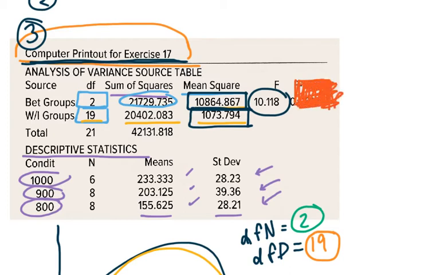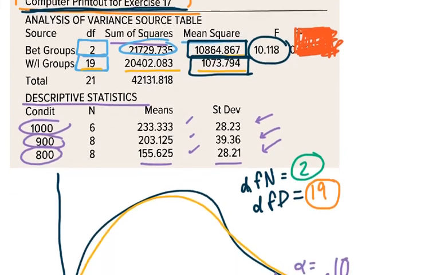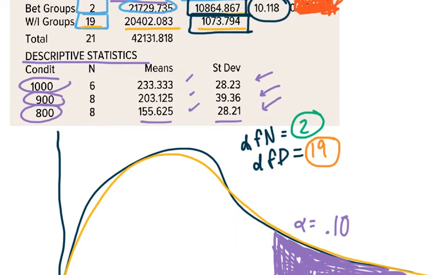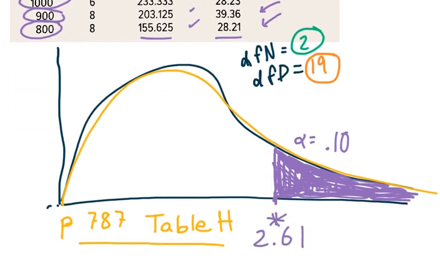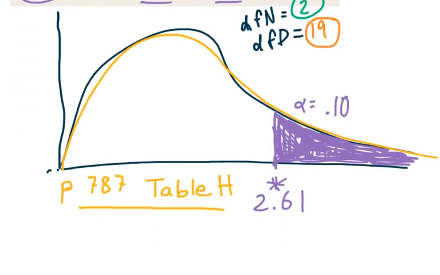Hopefully I can erase that and have it still show up. At any rate, we're using the traditional method, and so we're going to take our F statistic and see where it is on our distribution curve. Remember, all of these values along the horizontal axis are F values. And so where is ours on this scale?